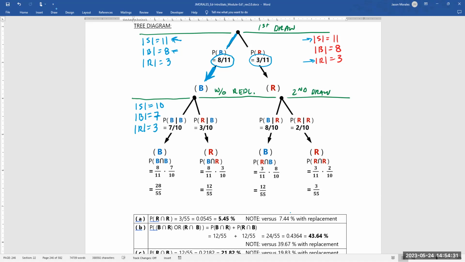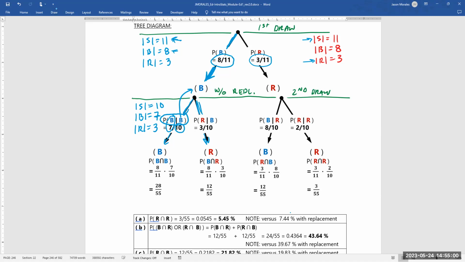So when we look at the probabilities of these 2 branches for the second draw, we can see that we've got the probability of there being a blue marble, given that blue was first. And so we've now got 7 blue marbles out of a total of 10.